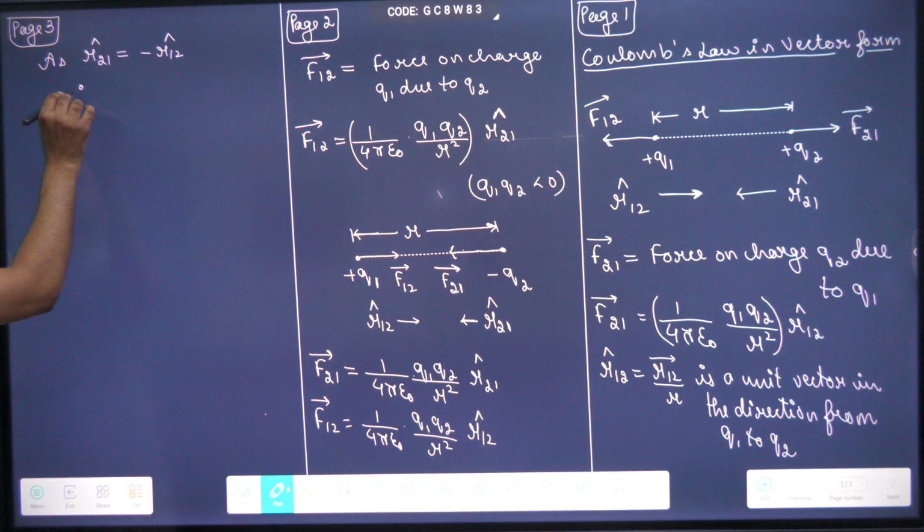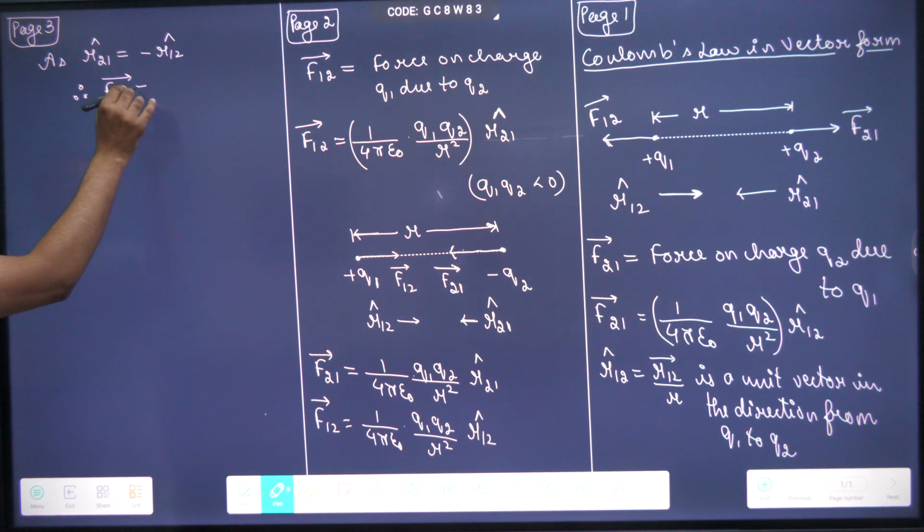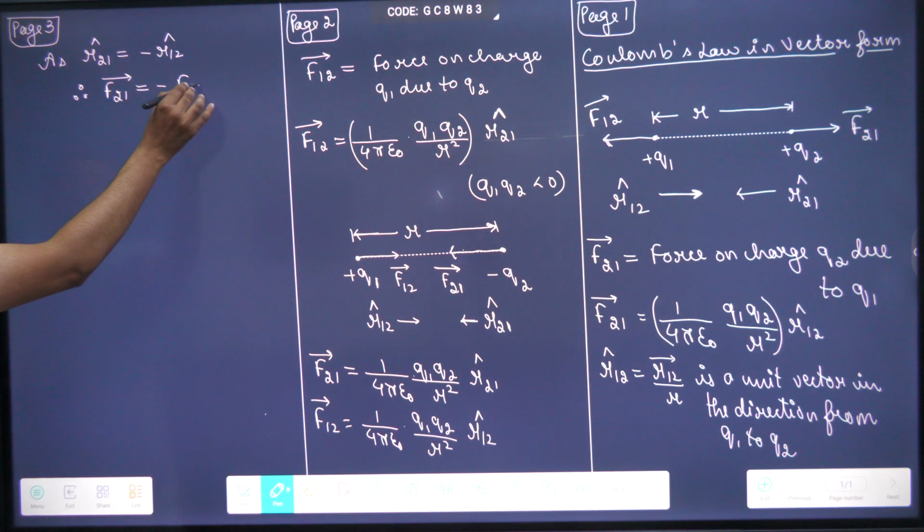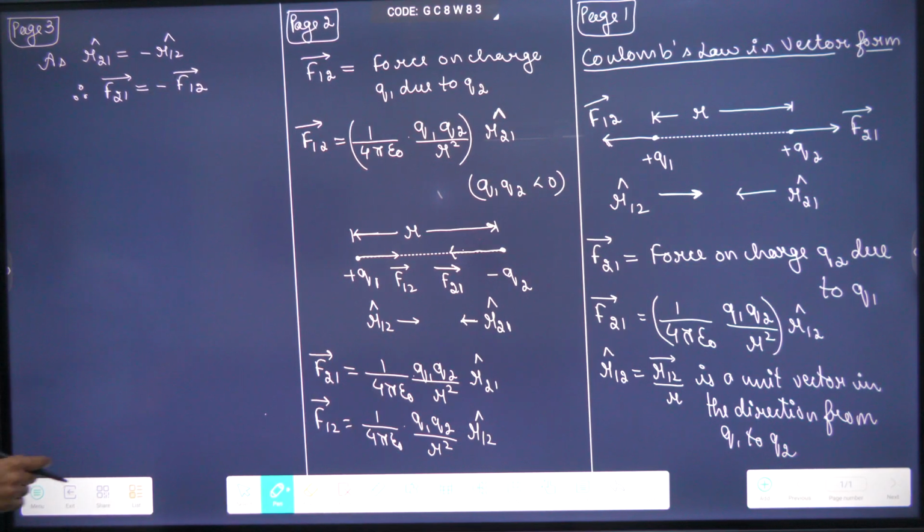Therefore, F21 vector is equal to minus F12 vector.